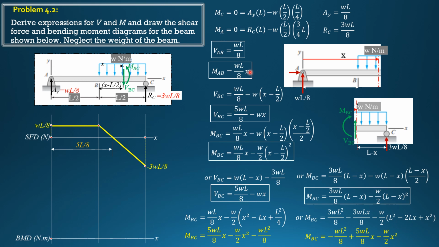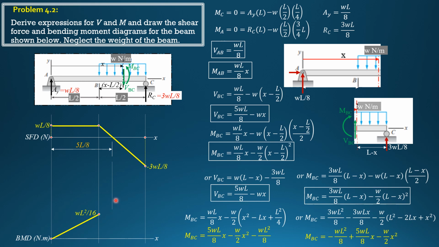When X is L over 2, because AB is defined from X equals 0 to L over 2, WL over 8 times L over 2 is WL square over 16. And it is a straight line, first degree. So the value is WL square over 16.